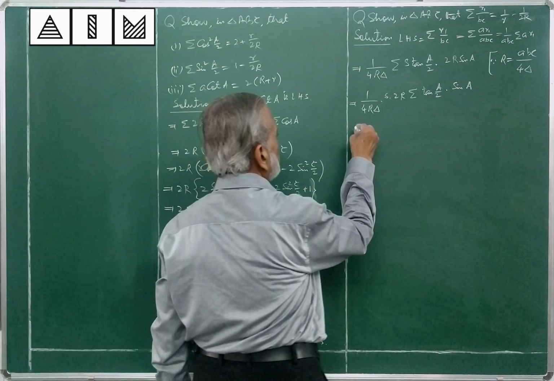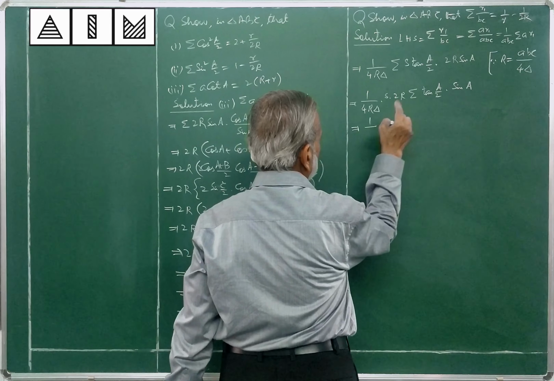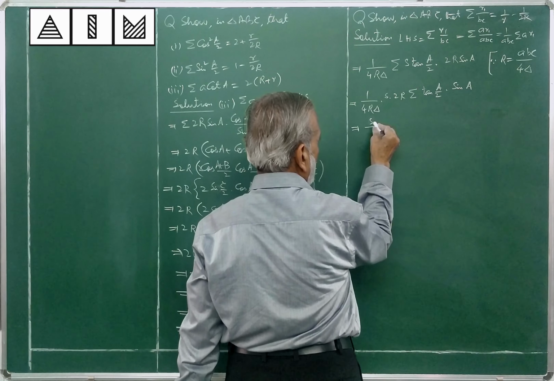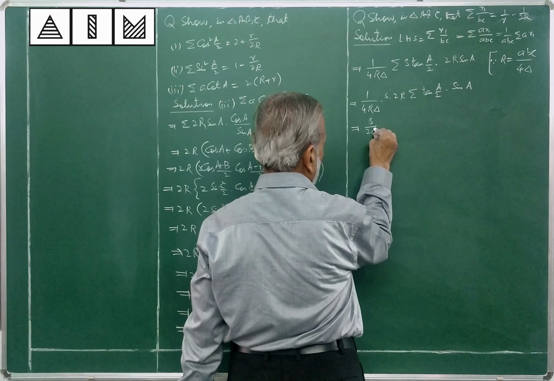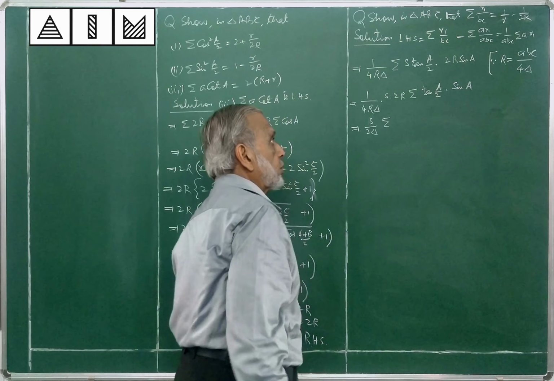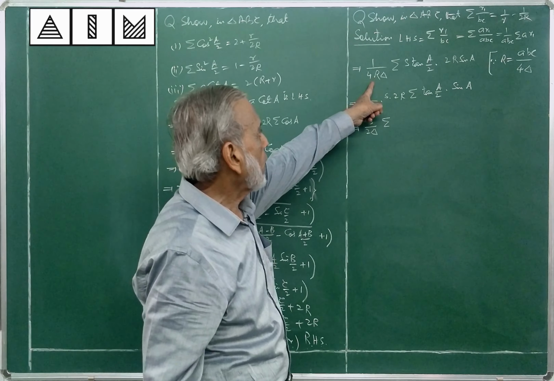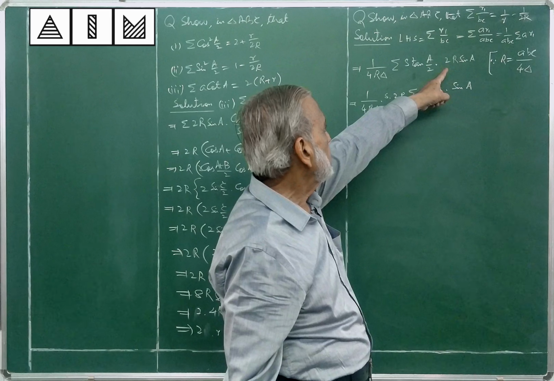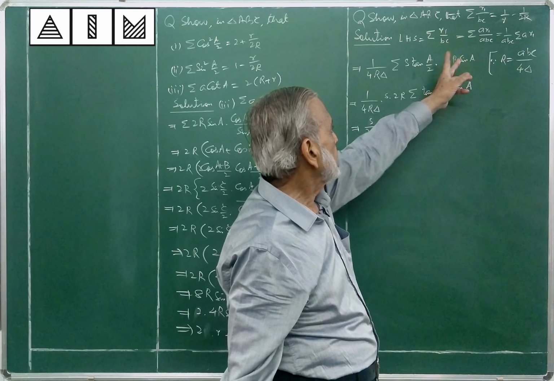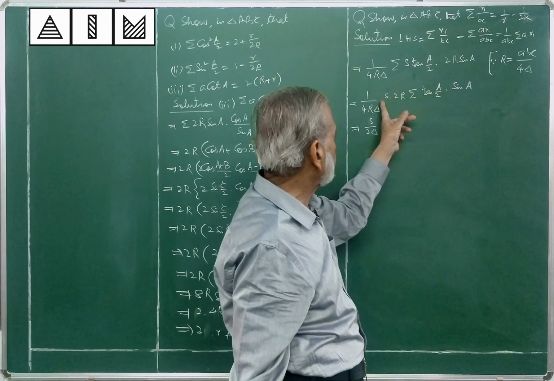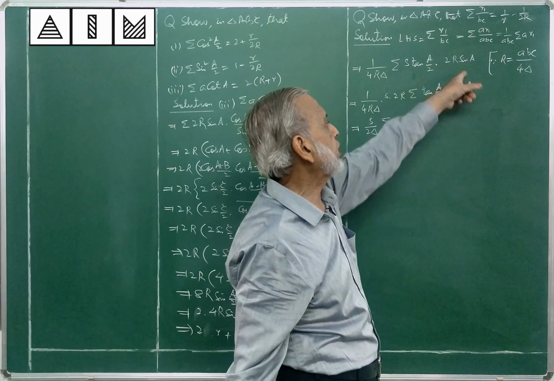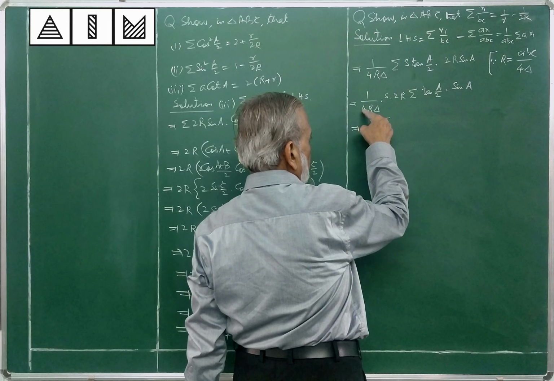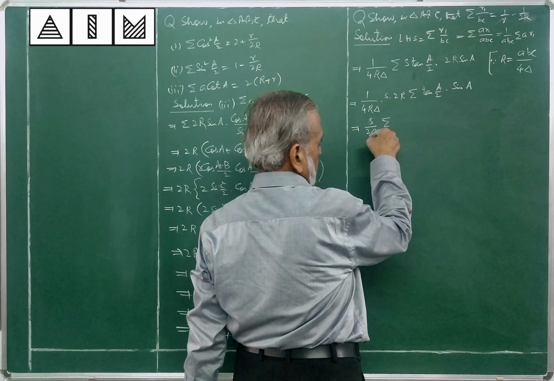Proceed. This 2R cancels here, s remains by 2 delta. Check up the work carefully. 4R delta is written in the place of abc, s tan A by 2 for r1, 2R sin A for a. Now this 2R and s both will come out, leaving tan A by 2 and sin A. After cancellation of R and R, 2 and 2, what is left is s by delta.